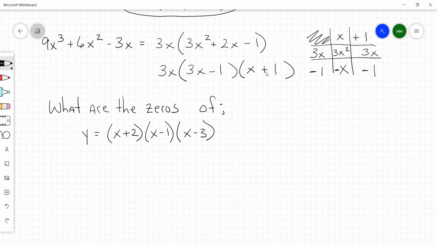All right. When you're finding the zeros of the function, we did this with quadratics a couple of weeks ago. You're going to set each factor equal to 0, then solve.